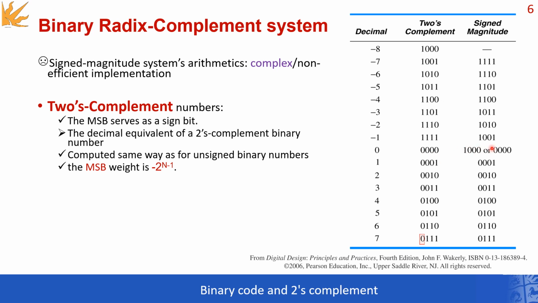As you can see, compared to the signed magnitude system that had 2 representations for 0, here we use only 1 representation for 0 and an extra one for the negative numbers, which increases the range from -7 that it used to be before to -8. So overall we got one more number for the negative numbers to represent, which changes what we previously showed to a range from -2^(n-1) up to 2^(n-1) - 1.